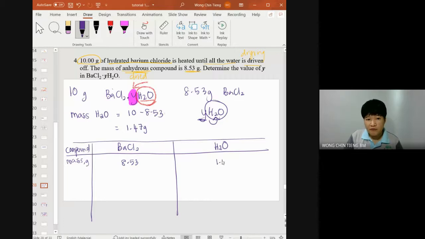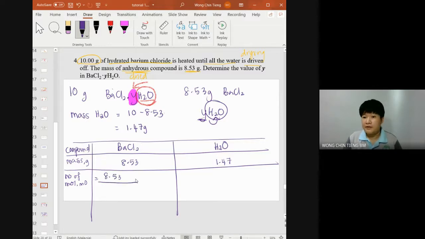Water, 1.47 gram. And the same thing apply when you calculate number of mole, guys, you will have to divide with the entire molecular formula. Alright, kamu kena bahagi dengan semua kat situ.